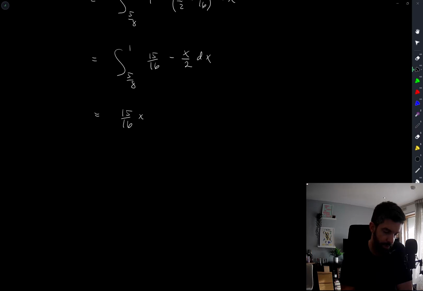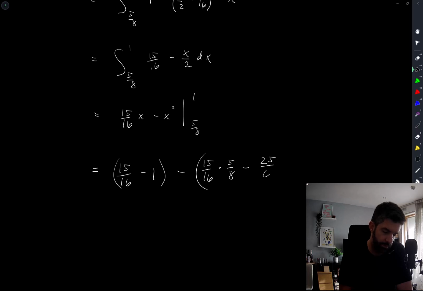Over 16x minus x squared, evaluated at 5 over 8 and 1. 15 over 16 minus 1 minus 15 over 16 times 5 over 8 minus 25 over 64.